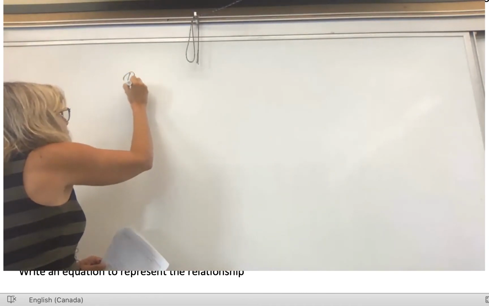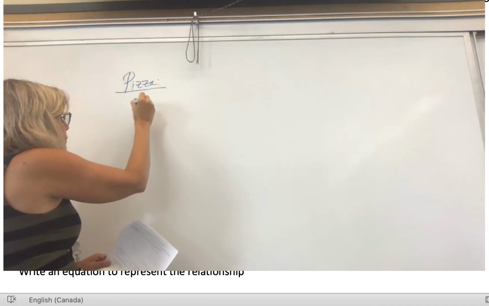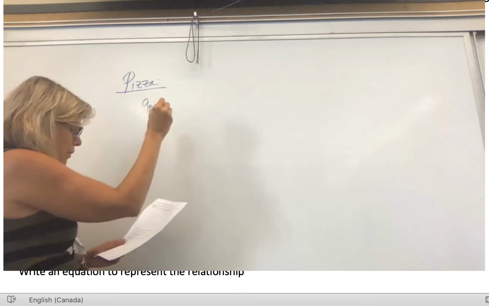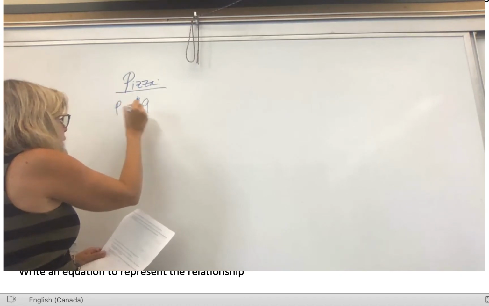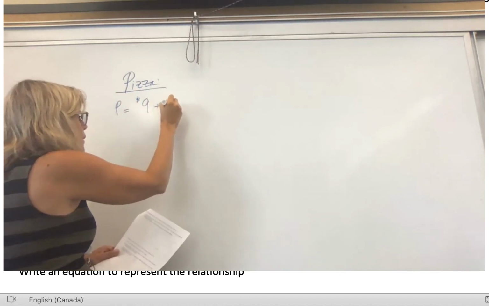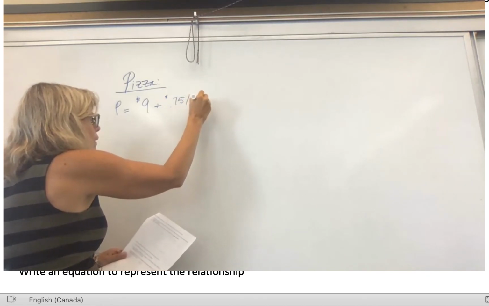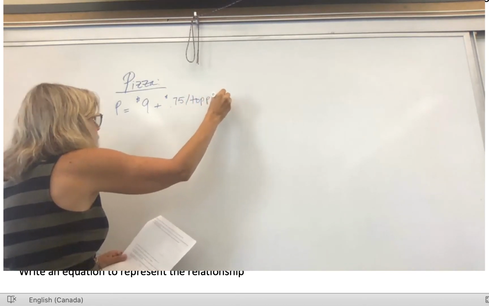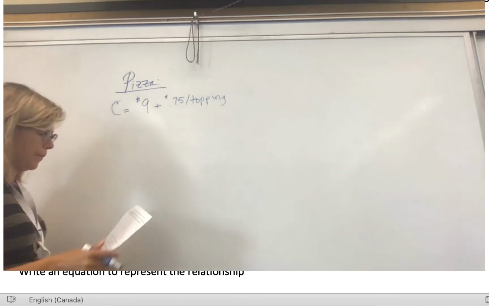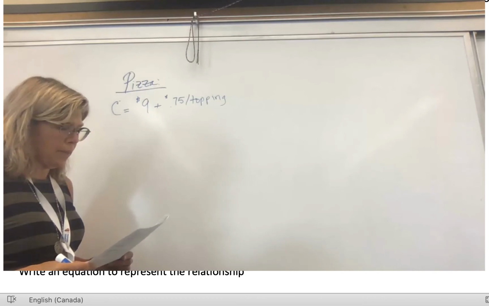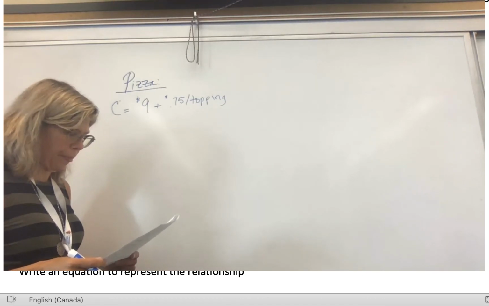So the pizzeria, and a plain pizza is $9, plus 75 cents for each topping. I'm going to say this is the cost. Okay, create a table that shows the costs of a pizza for up to 5 toppings.